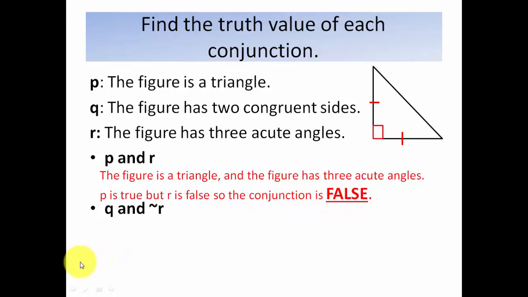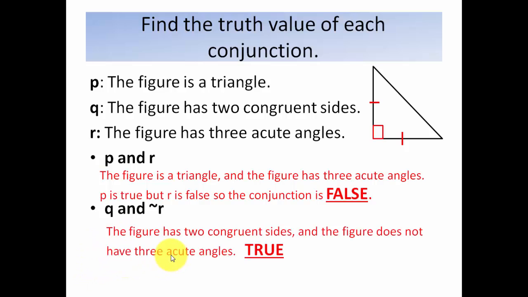Remember, they both have to be true for conjunctions to be true. Now let's figure out Q and not R. That's going to say the figure has 2 congruent sides and the figure does not have 3 acute angles. Since we did the negation of R, this is now true and Q is true, which makes the whole thing true.